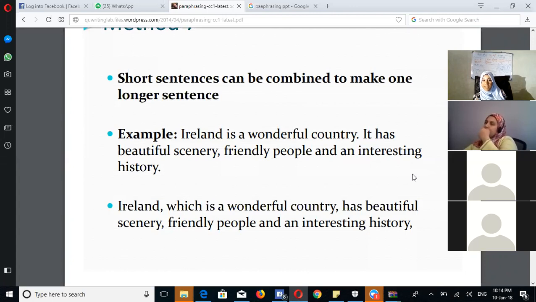Yeah, okay. No, but again, looking at these two parts, they must be separated by commas. Why? Because this clause can easily be omitted, and the same sentence will give you the same meaning. So if you say Ireland has beautiful scenery, friendly people, and an interesting history, that would make sense.